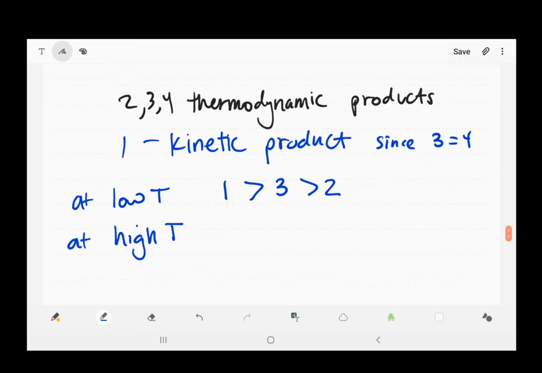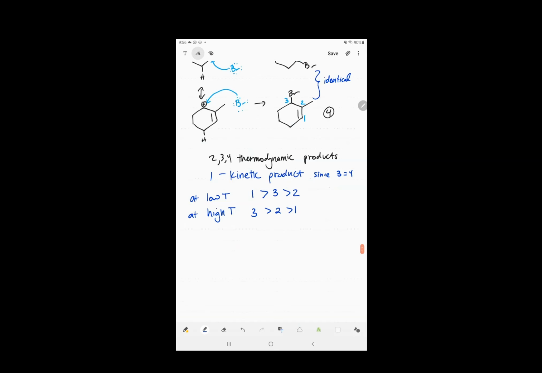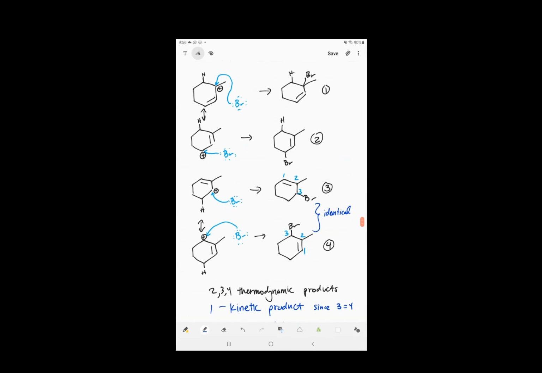At high temperatures, though, we're going to end up with number 3, because that is twice as much. 3 and 4 are the same thermodynamic product, followed by product 2. Sorry, let me go back now here. Product 2 is a thermodynamic product because it gives us our triply substituted double bond.